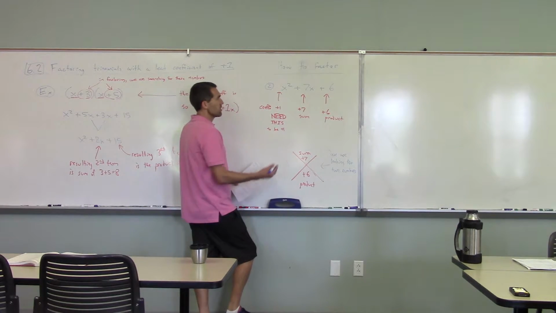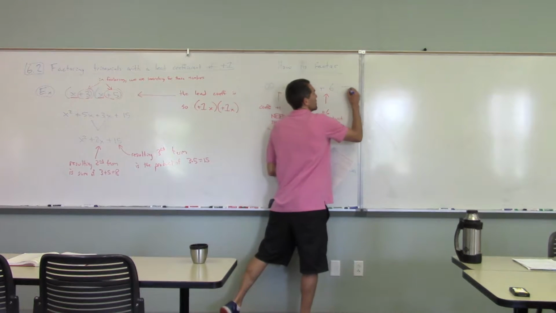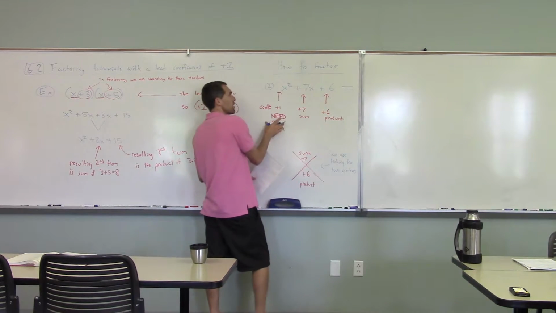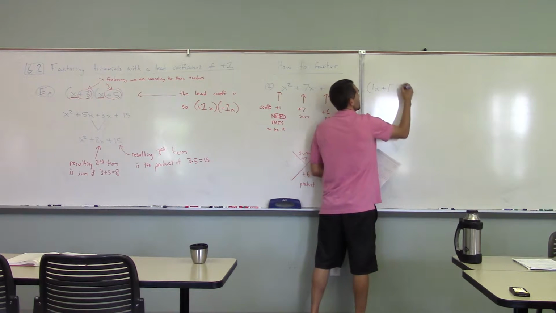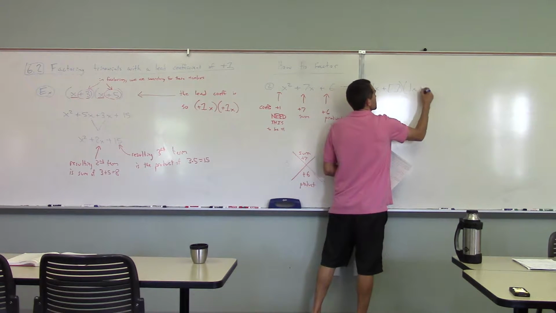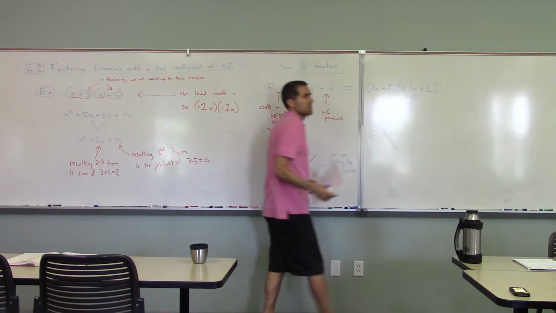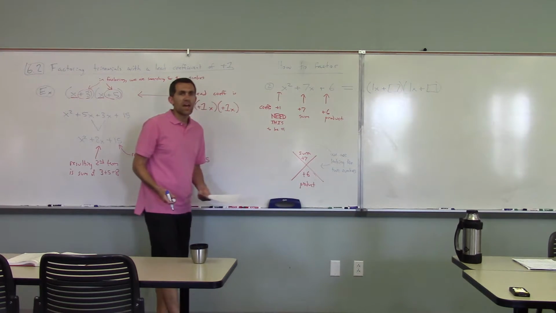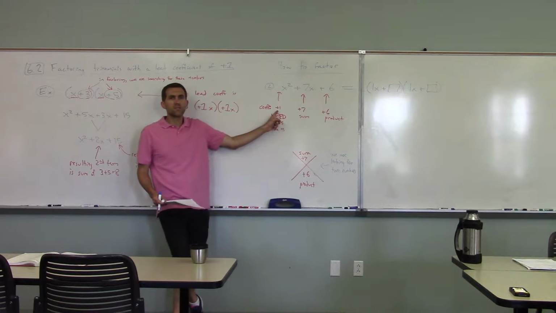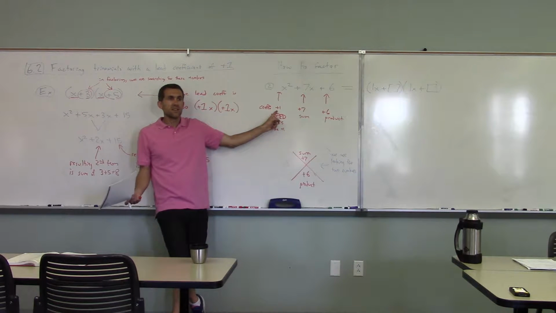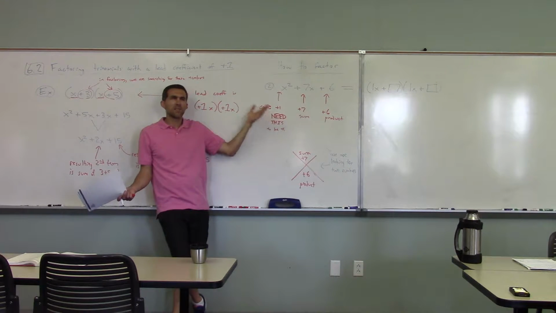And I know that my resulting factor, because we have this positive 1, is going to be 1x plus something times 1x plus something. The whole reason we know that is because what are the only things that multiply together to make positive 1? 1 times 1, that's it. You could argue negative 1 times negative 1, but that would take us down a whole rabbit hole of being redundant.